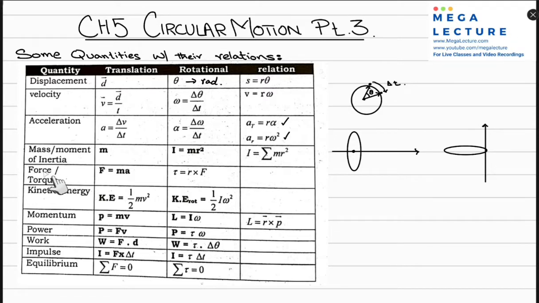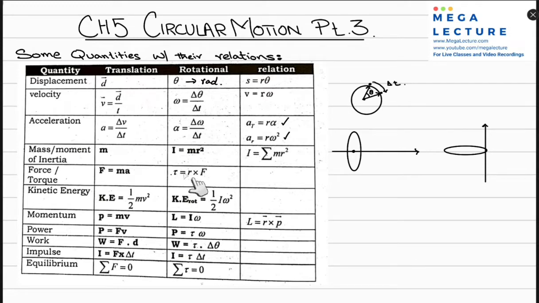Next, we have force or torque. In translational motion, what we have is a force, and it is defined as the mass times the acceleration of an object. So if I push something, if I apply a force, that is equal to producing an acceleration. Now, in rotational motion, we don't really have a force, but instead we have what is called a torque.